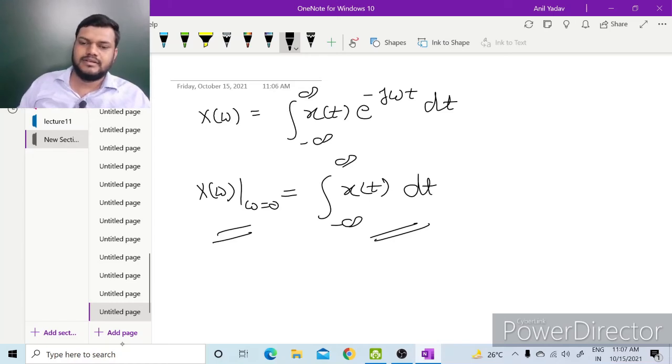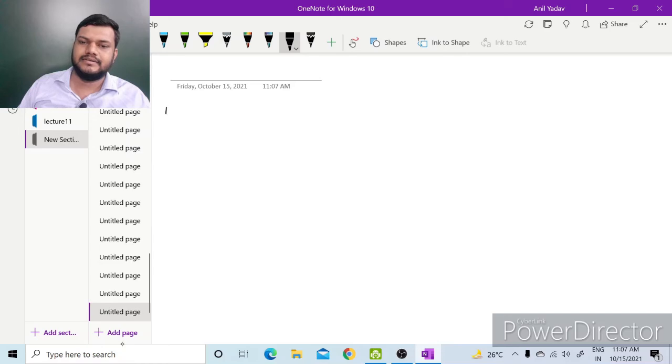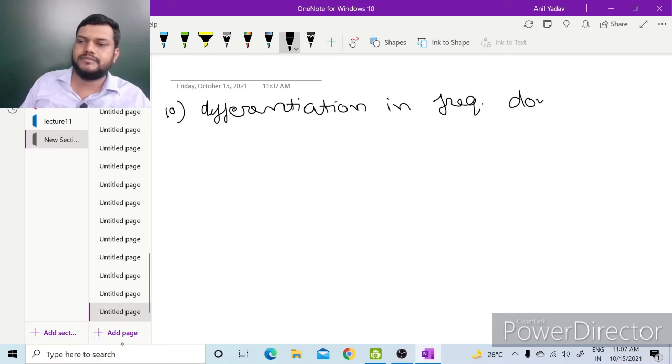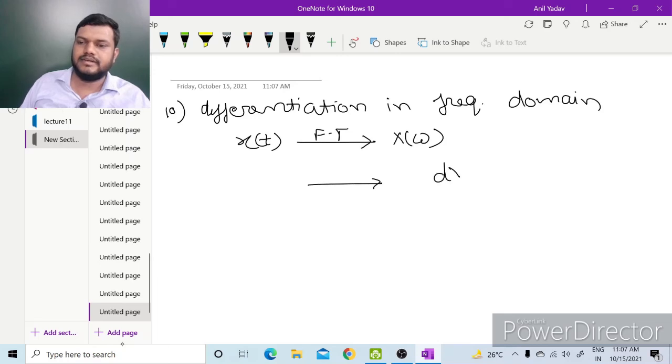So now our next property is differentiation in frequency domain. So if x(t) has CTFT X(omega), then differentiation in frequency domain means j dX(omega)/d omega will be the transform of t x(t).